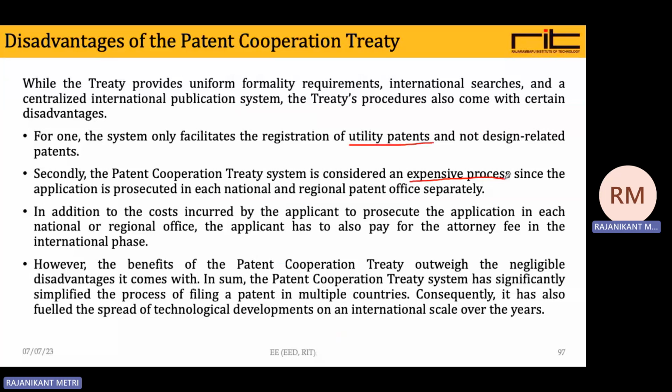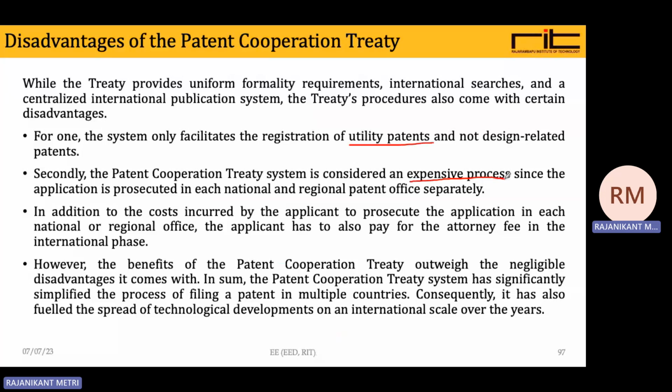So one has to pay the attorney fee. However, the benefits of PCT outweigh the negligible disadvantages it comes with. So these are some negligible disadvantages, but the advantages of PCT are far more than these disadvantages.